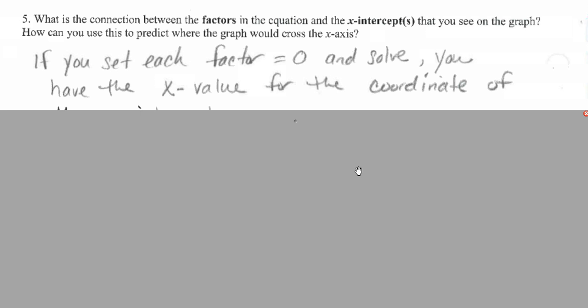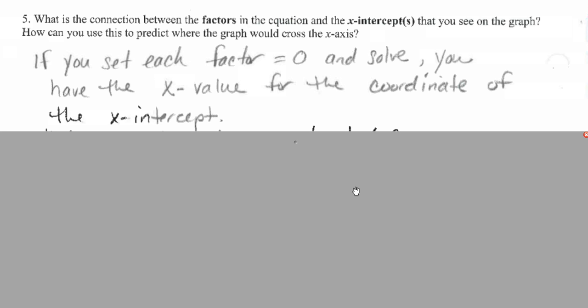Then with these 4 functions, hopefully you noticed how the graph was changing in terms of the x-intercepts, and you saw some patterns between the x-intercepts and the equations. Hopefully you saw that if you set each factor equal to 0 and solve for x, you would then have the x value for the coordinate of the x-intercepts.